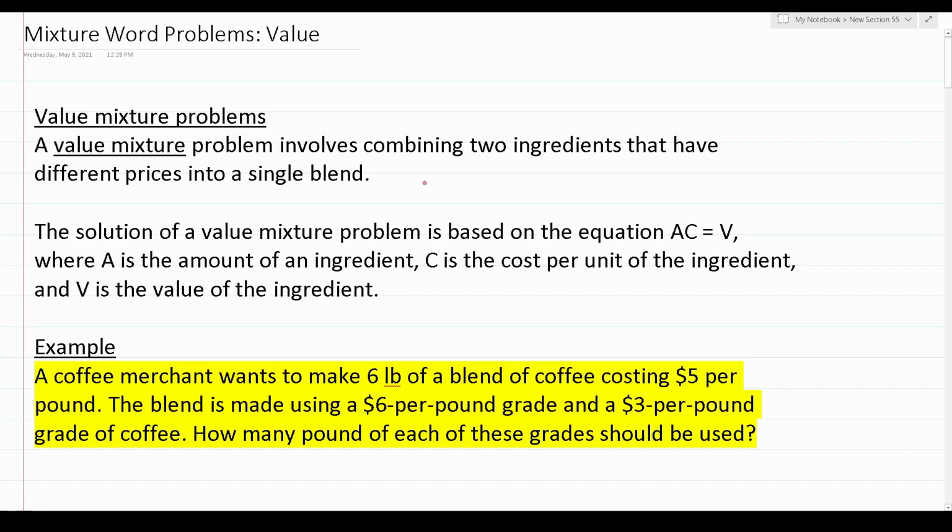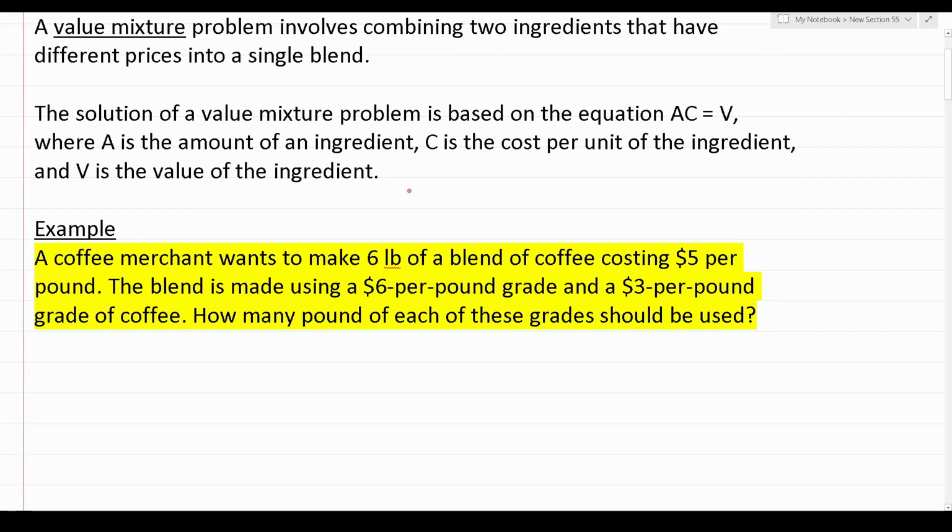But before we look at an example, I also want to mention this. The solution of a value mixture problem is based on the equation A times C equals V, where A is the amount of an ingredient, C is the cost per unit of the ingredient, and V is the value of the ingredient.